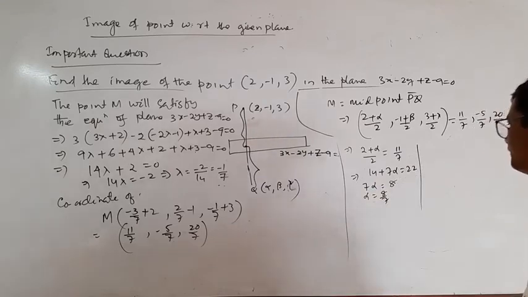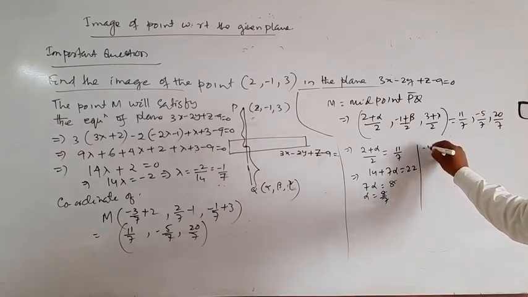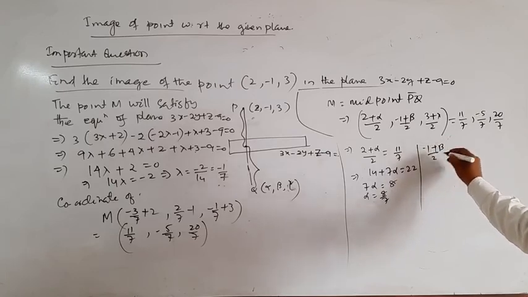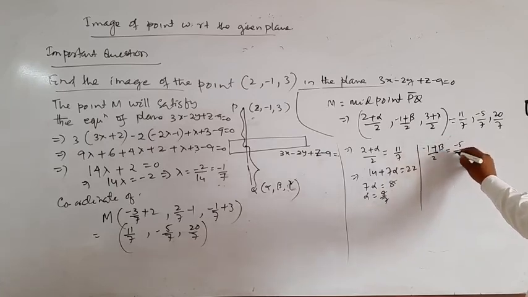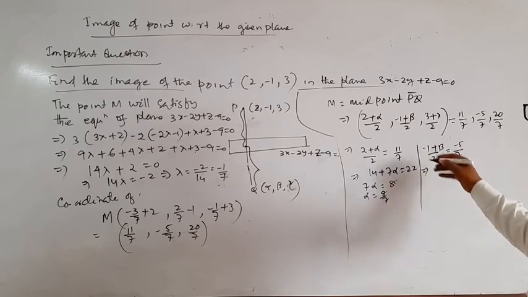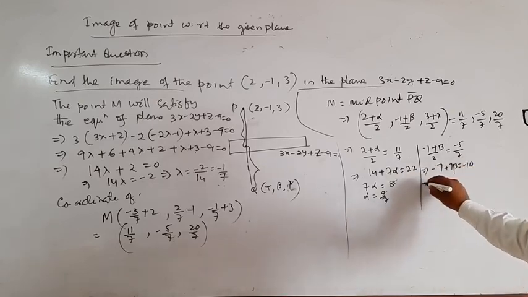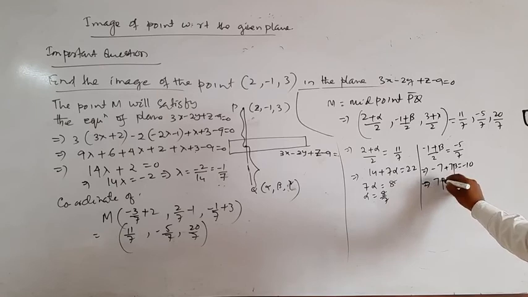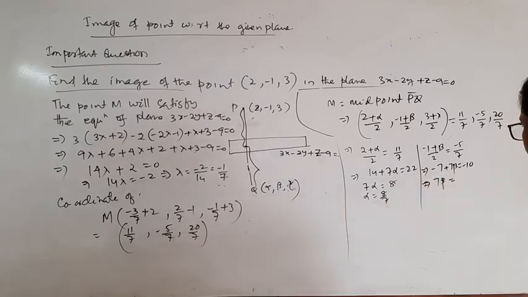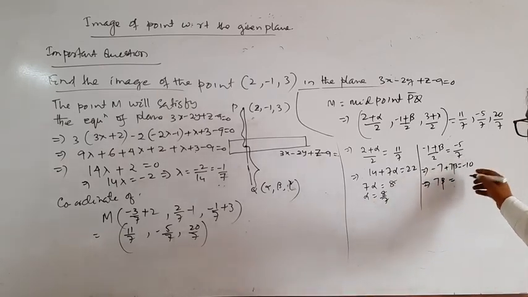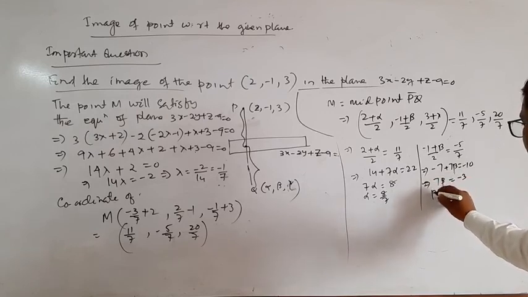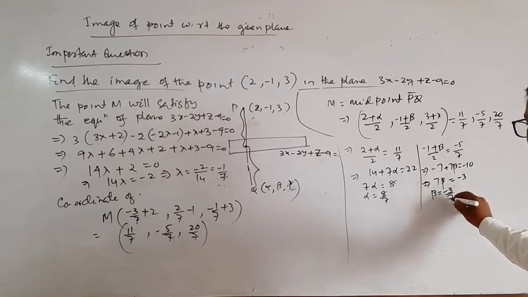Similarly, (minus 1 plus beta)/2 is equal to minus 5 by 7. So minus 7 plus 7 beta is equal to minus 10. So 7 beta is equal to minus 3, so beta is equal to minus 3 by 7.